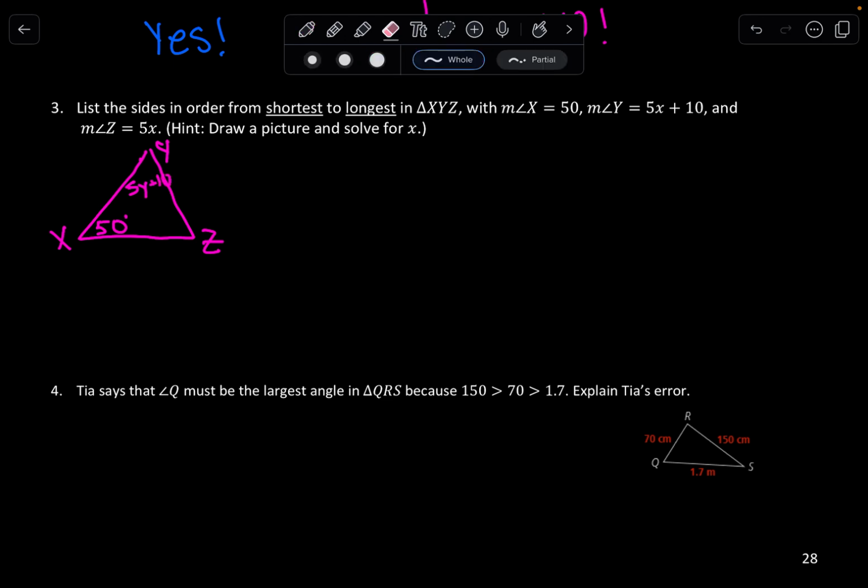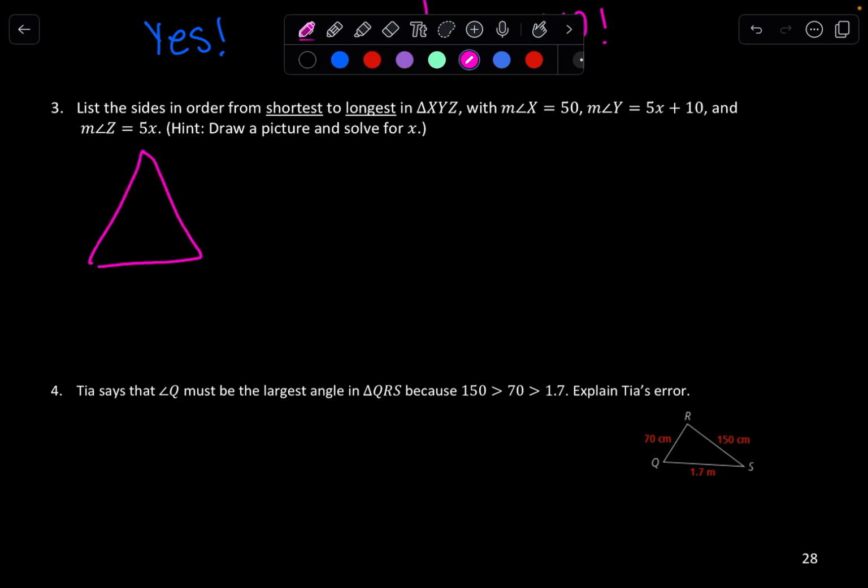Nope, it says 5x. So we're just going to restart. Here's my picture, X, Y, Z.